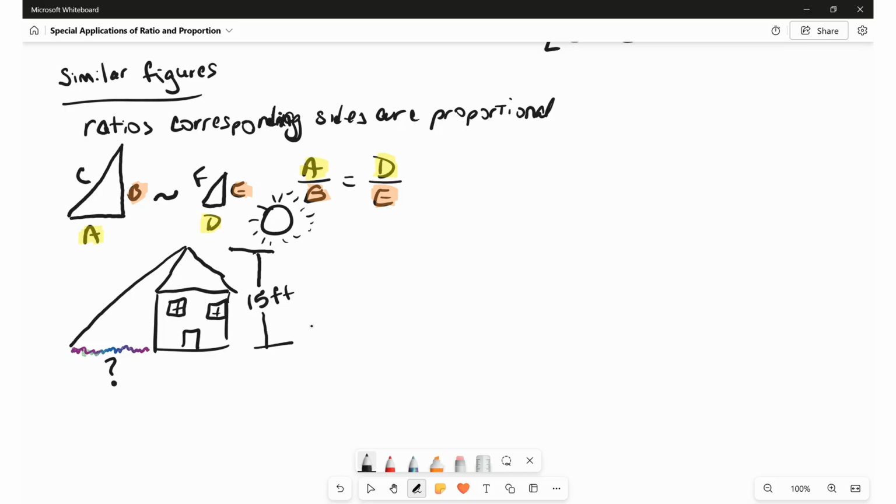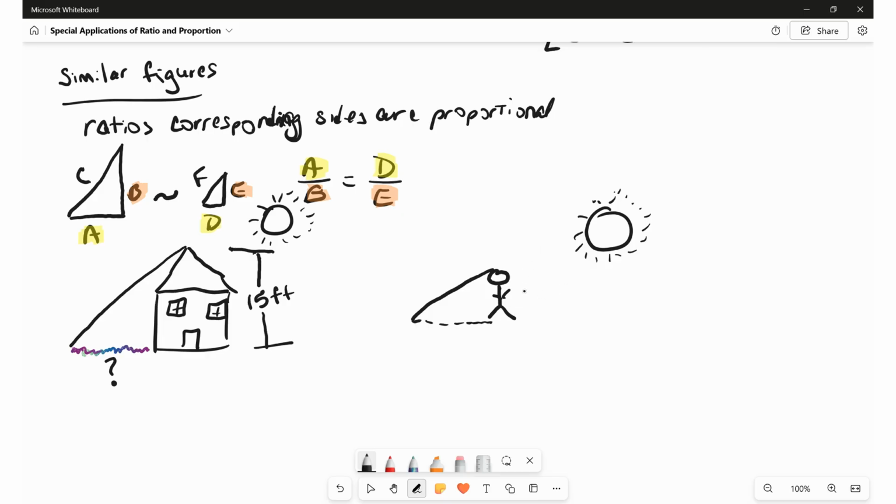And we also know that at the same time of day, when we're standing with the sun in the same place, that sun creates this shadow here.